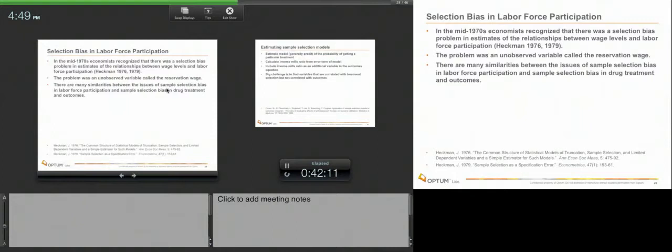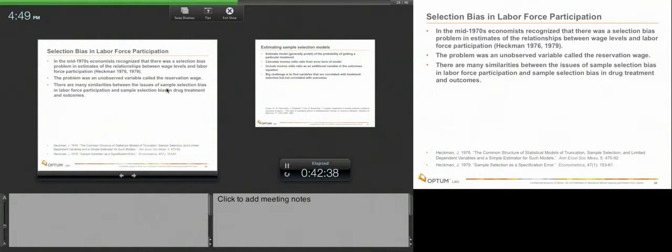You were only observing the wage-hours relationship for the people in the labor force. And so economists said, well, what if some people aren't working because the wages being offered aren't even high enough to entice them to be in the labor force? And this became known as the reservation wage. What is the wage that would be needed in order to entice people to go into the labor force?